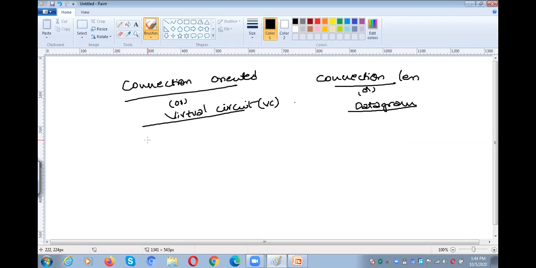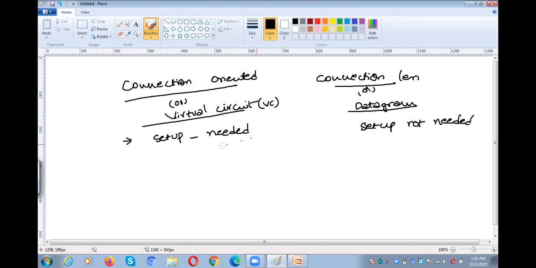So in the case of connection oriented service, there should be connection establishment. That means circuit setup, connection establishment must be there, needed. If it is a connectionless service, in between the devices there is no wire, there is no cable connection. So here setup is not needed. That means connection establishment is not needed.